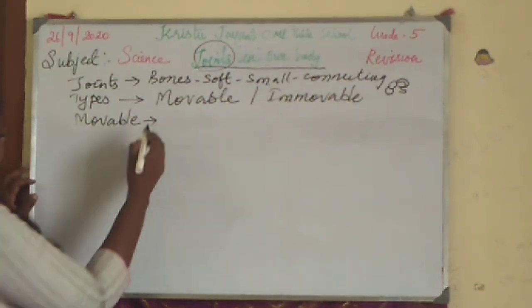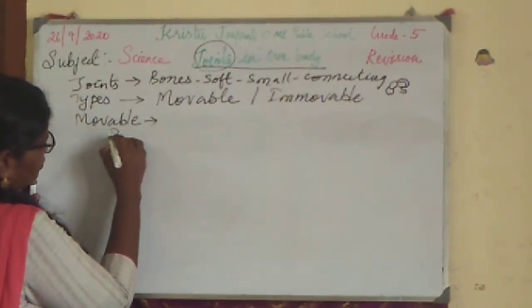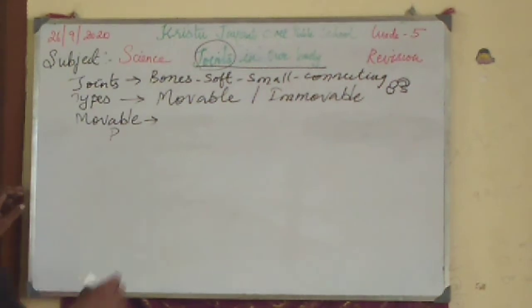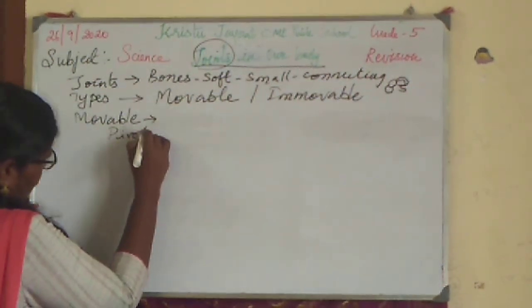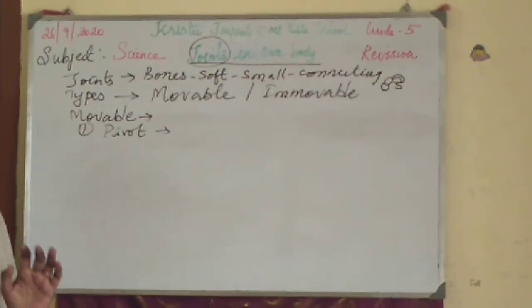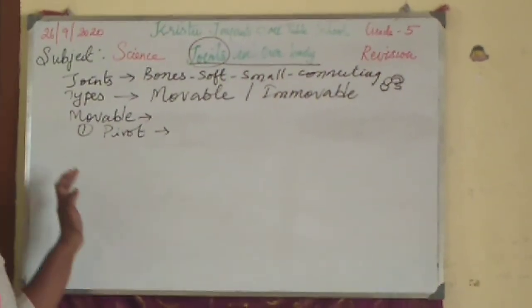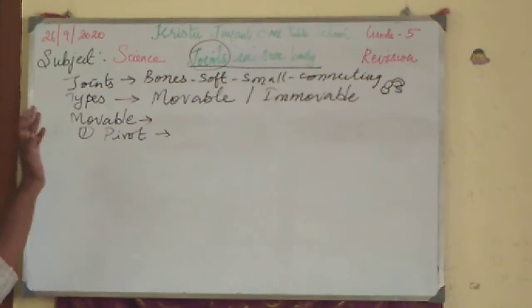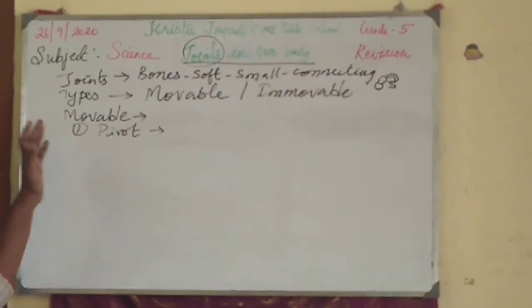For example, the first type is called pivot. So we have nearly 4 types of movable joints, and the first one is called pivot.